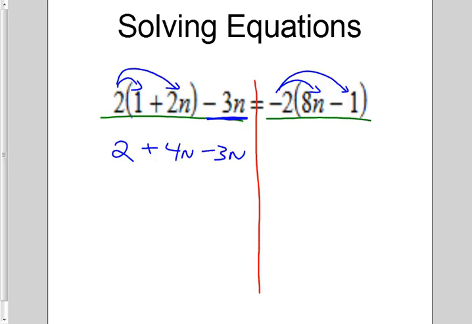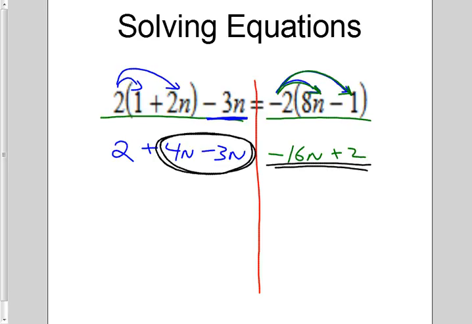Over here, again, I'm going to do negative 2 times 8n. Get negative 16n, and then I'm going to do negative 2 times negative 1 and get a positive 2. Okay, as I look at the right-hand side, I see that there's absolutely nothing I can combine here. However, on this side, I most certainly can.